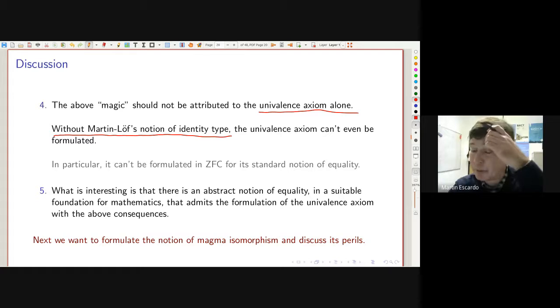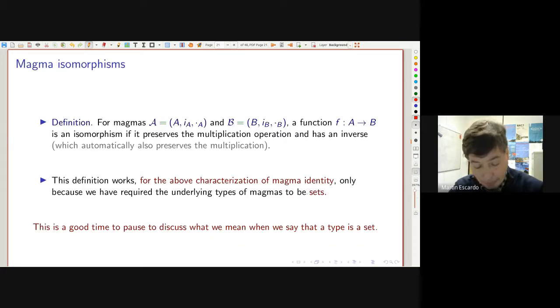So the culprits here are Voevodsky and Martin-Löf. I find it very interesting that there is an abstract notion of equality in a suitable foundation that allows you to formulate the univalence axiom and have these consequences. I can't say a lot more, but this could be a point to stop.